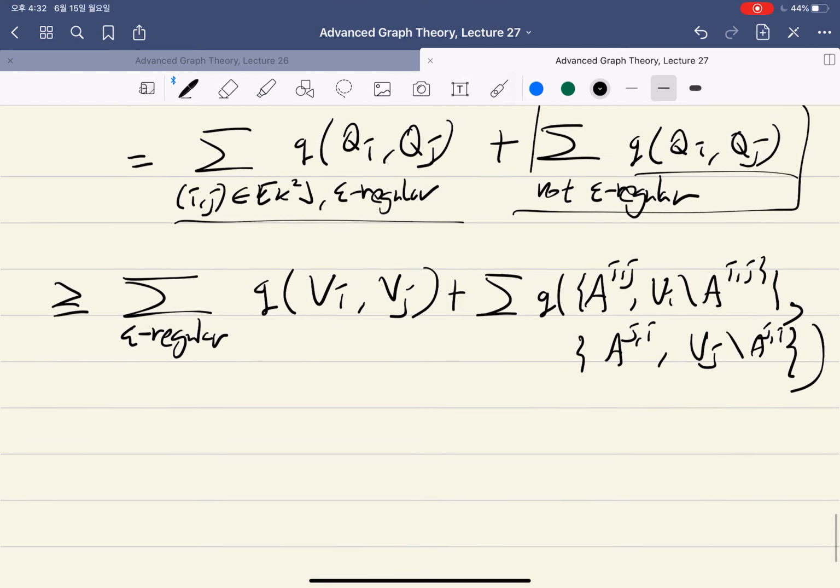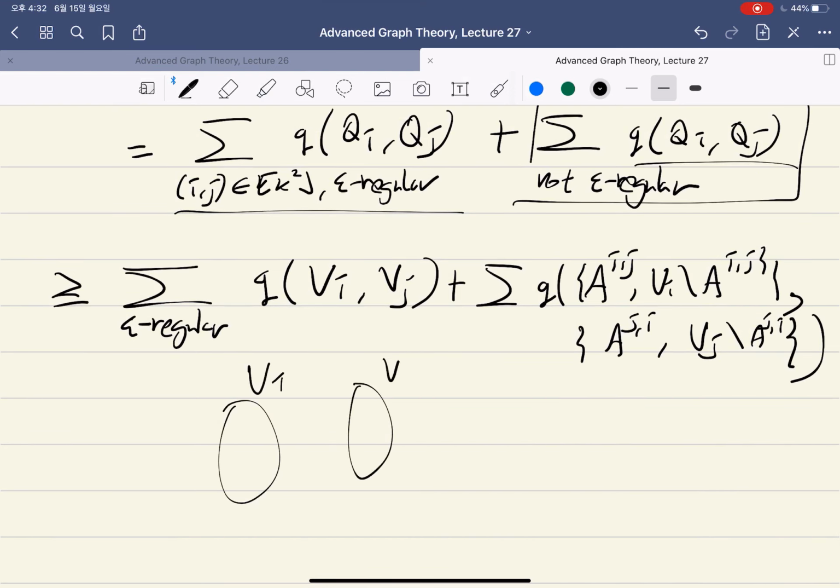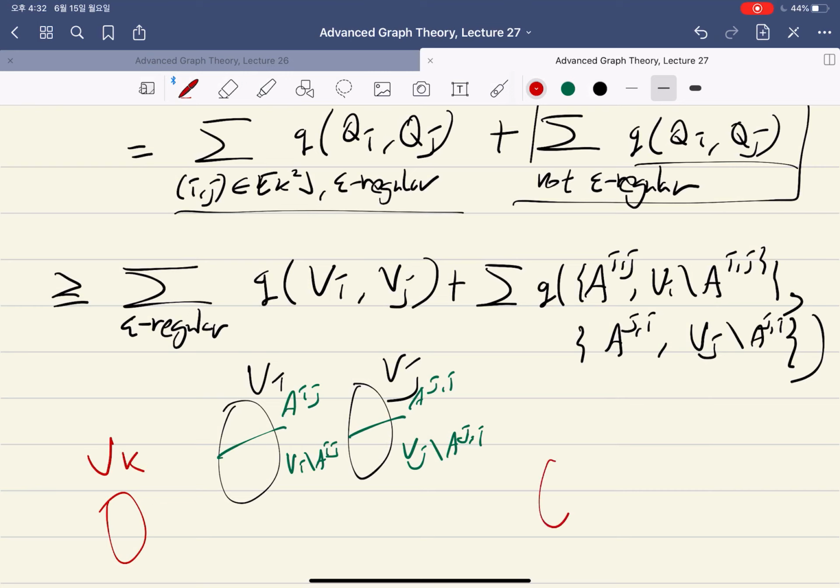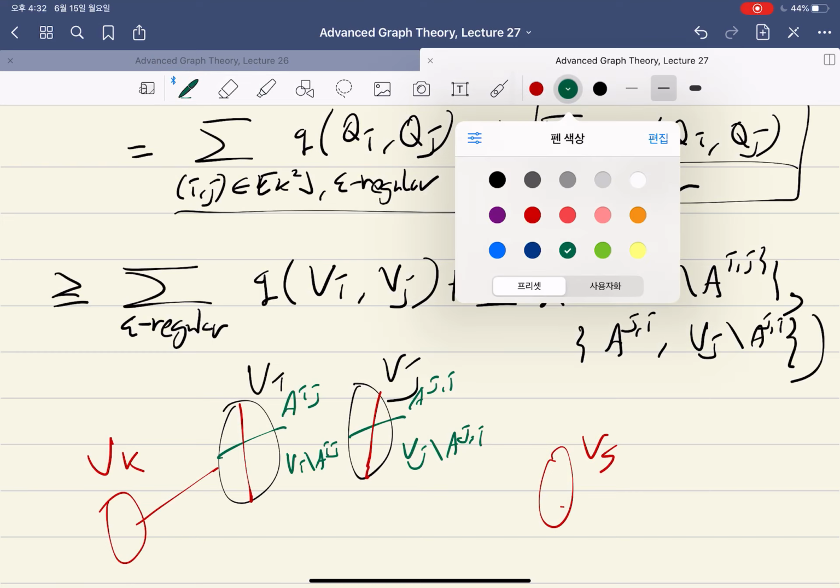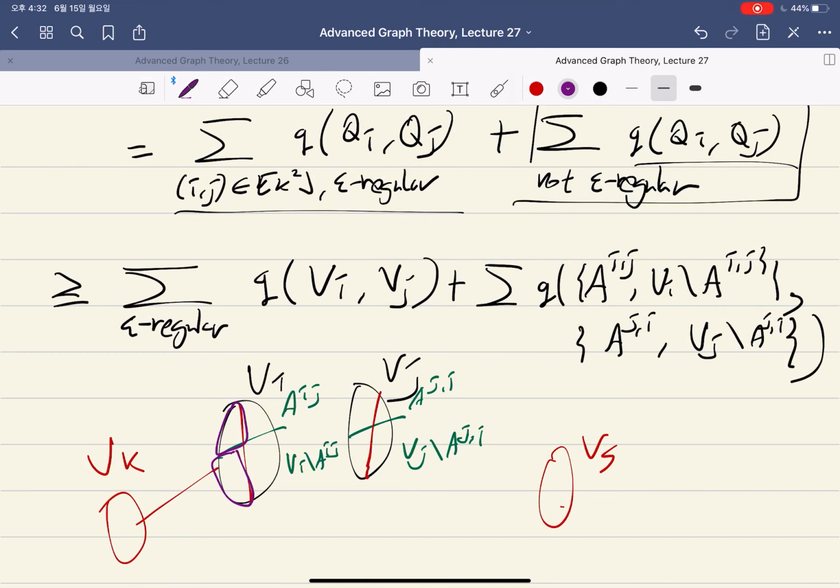So Bi and Bj are partitioned into this Aij and the remaining, Aj and the remaining. That's how we take it. And then because of the others, Vk and Vs, it's further partitioned. So our partition is actually these 4 sets.